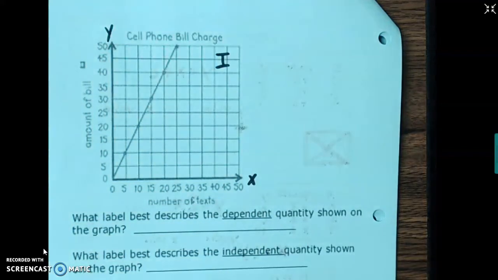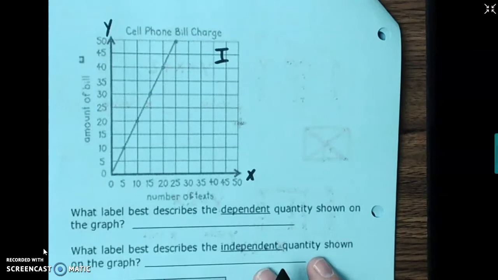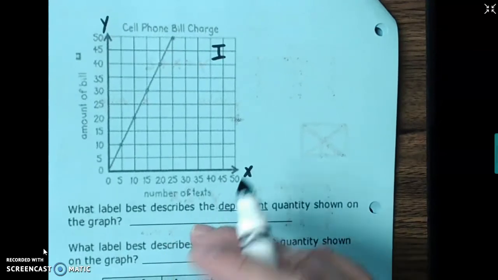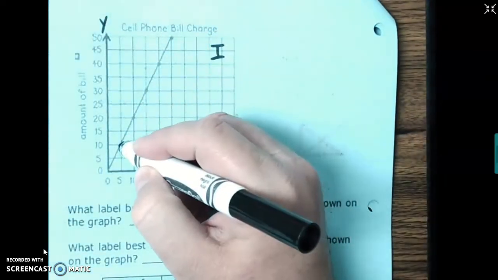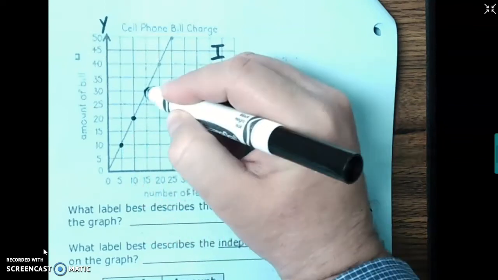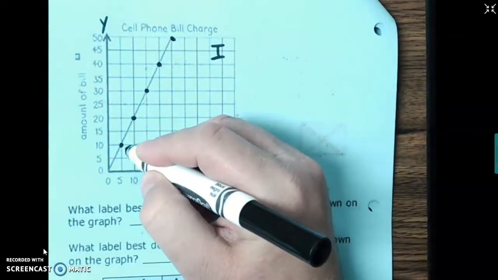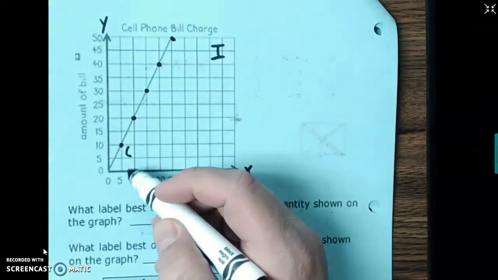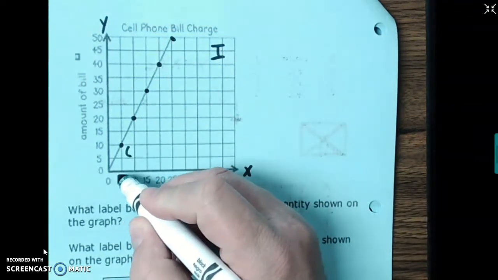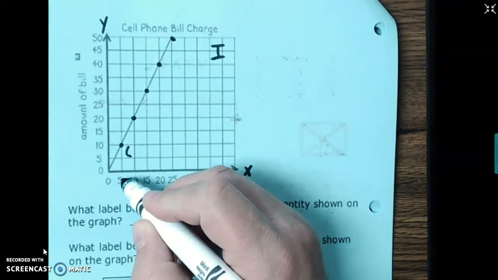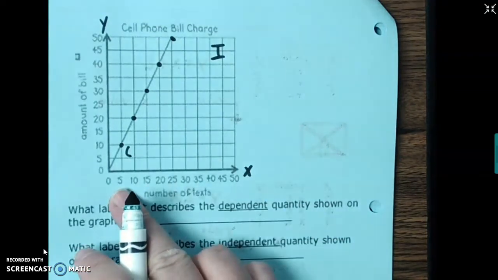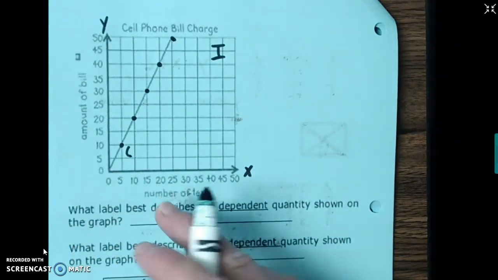Okay? So, we talked about how when you plot points, we are going to plot. There's a point here that's hard to see. I'll just redo all these. And I'm going to go ahead and plot all of these points. Now, when I did it on the last video, I used 1 as my unit, but this one goes up by 5, so be very careful. Don't just count the lines when it gives you numbers.